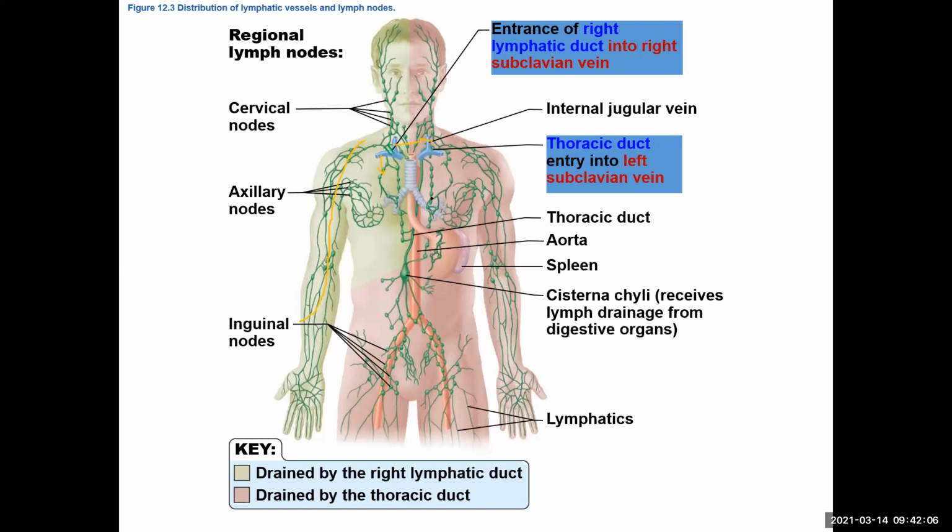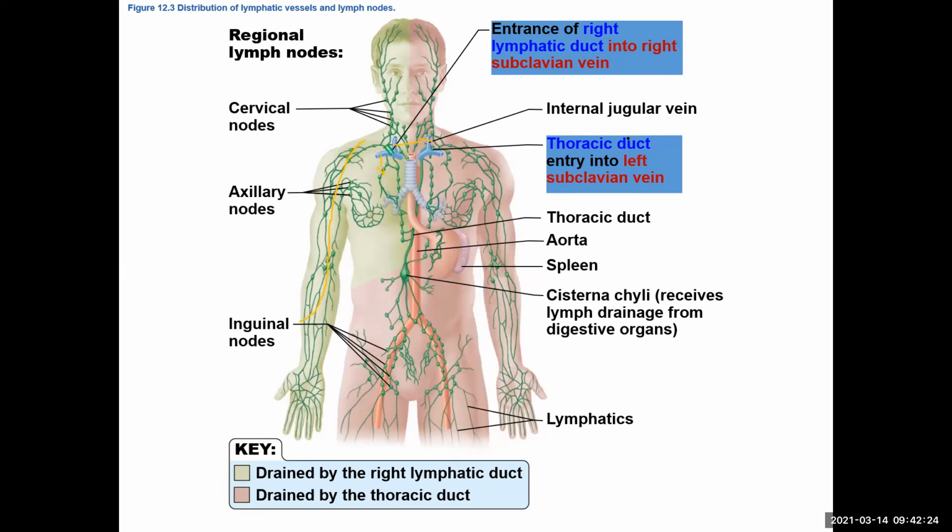It makes a loop, right? What about the lymph? Is it a one-way system or a two-way system? Two-way, how come?